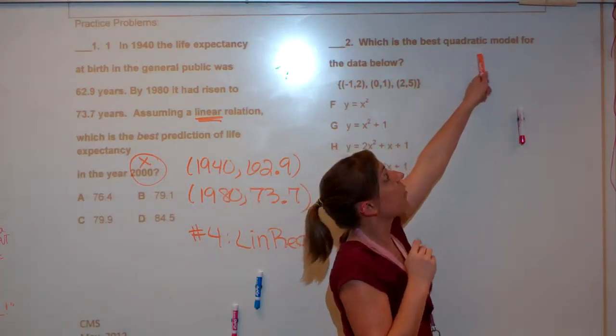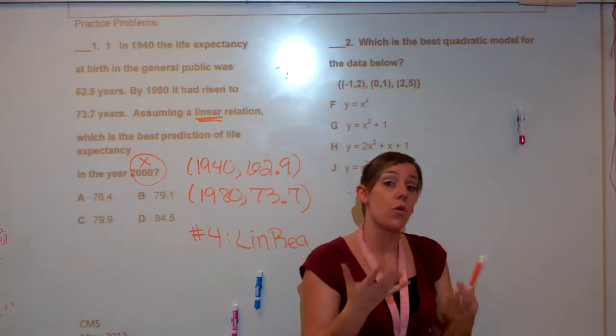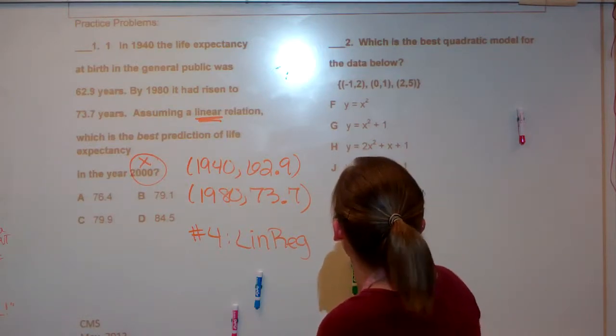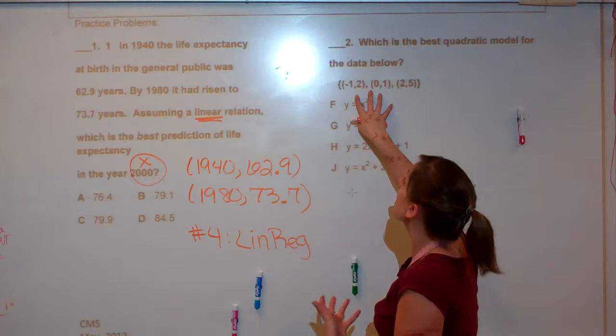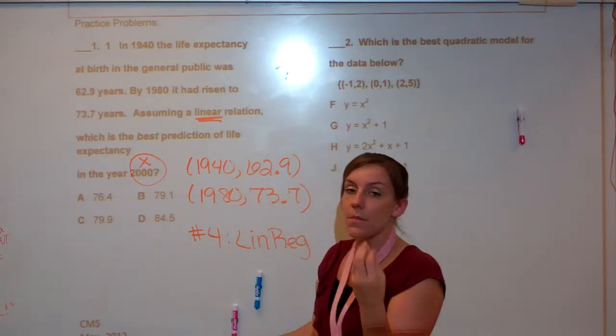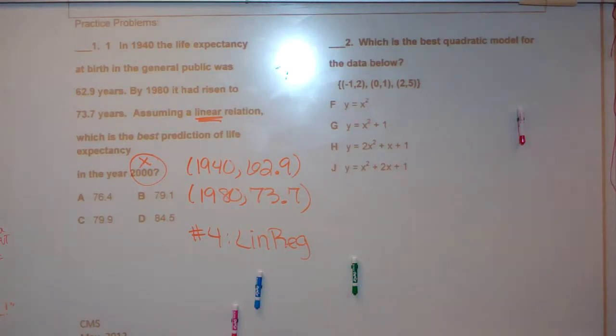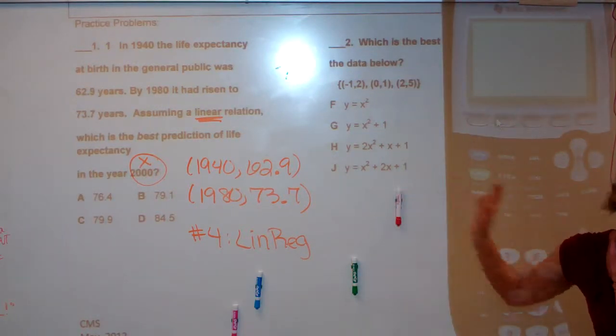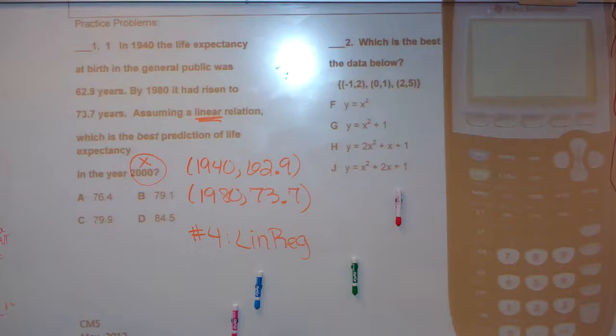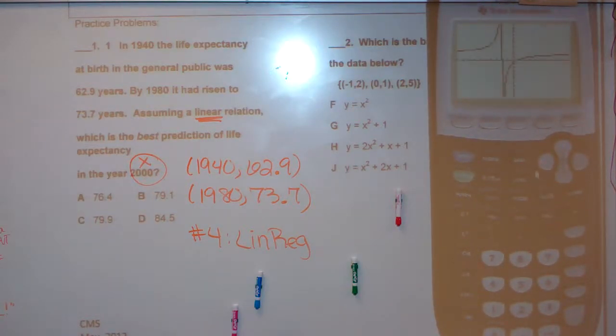This is nice. It says quadratic model. So you would use quad, which I think is number 5. But what happens when you use quadratic here is you actually get a really, really small number. So for example, here's the calculator. So when I put these 3 points in, let me go to stat, let me edit my lists.